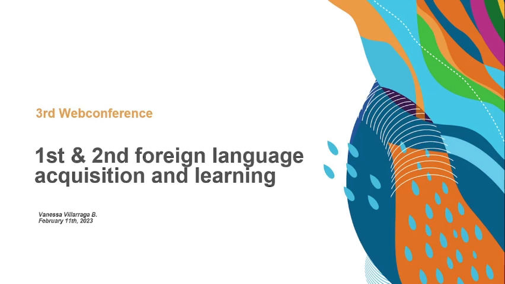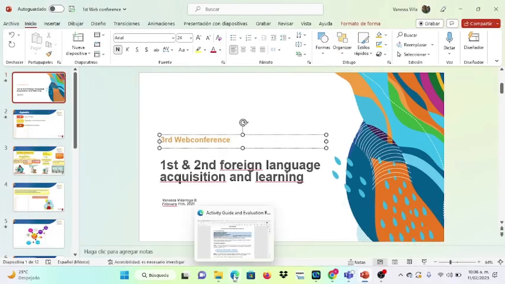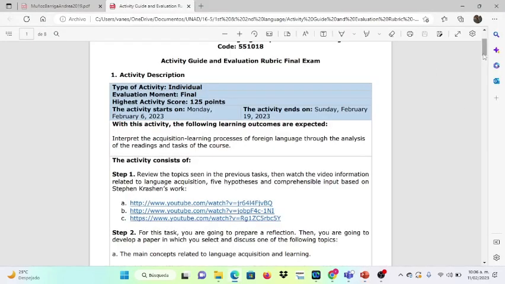Today is February 11, 2023, and the idea of this web conference is just to clear up the activity that you need to develop for this final task. Today's web conference is going to be short, and I just want to answer all your questions. So you can develop a clear and well developed final activity.